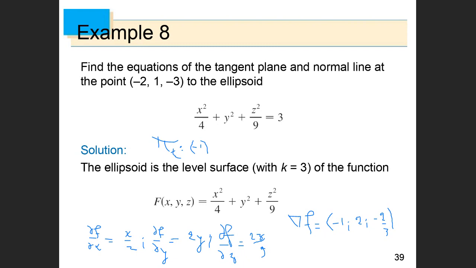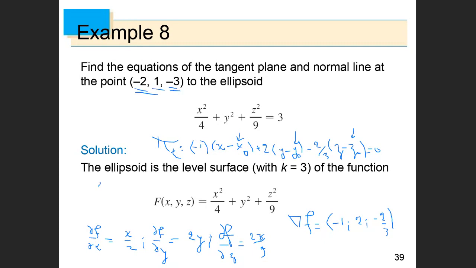So it's going to be -1 times (x minus x0) plus 2 times (y minus y0) minus 2 over 3 times (z minus z0) equal to 0. Got it, guys? Now you just need to plug in, instead of x0, y0 and z0, the corresponding values, which are -2, 1, and -3.